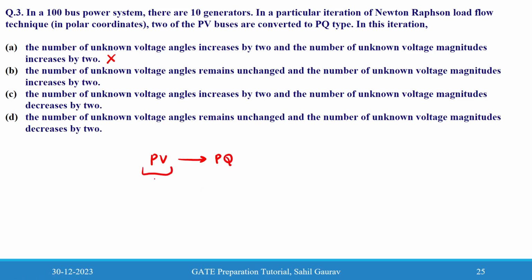Here only delta is unknown. Here both V and delta are unknowns.